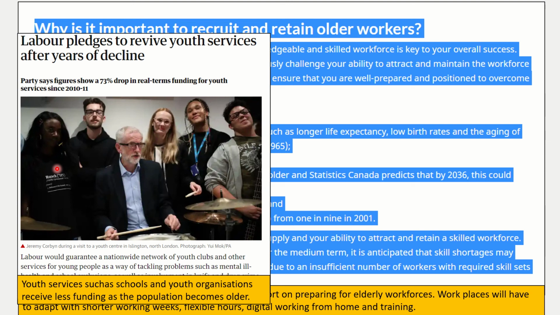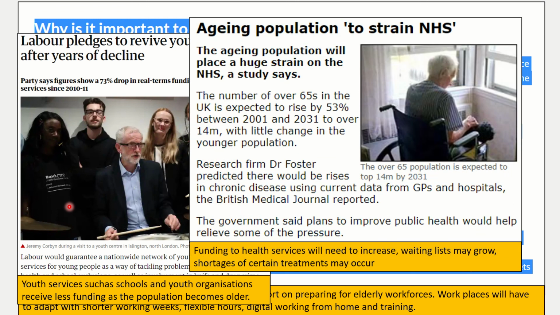And you can see here, this is a few years ago now, but it shows the kind of political interest there is in trying to address that and make sure that funding is available for younger sections of society. But of course, the problem is there's only so much money, and we need to make sure that our elderly proportion of our society are cared for, because we're all going to be old sometime.